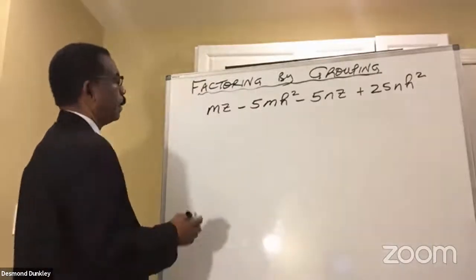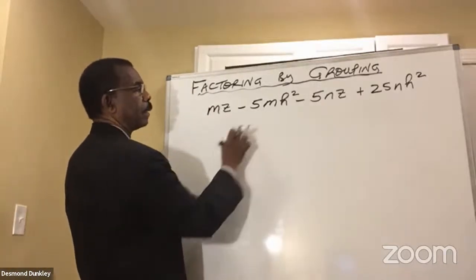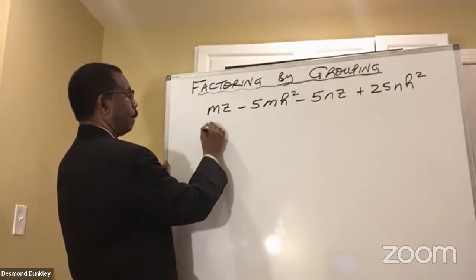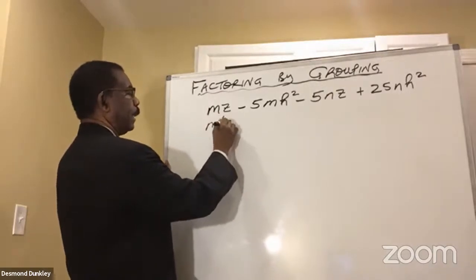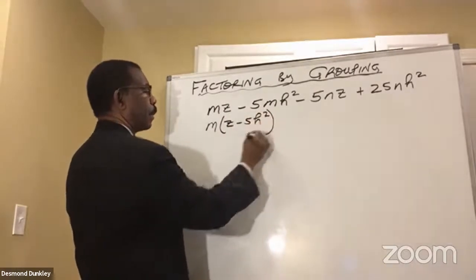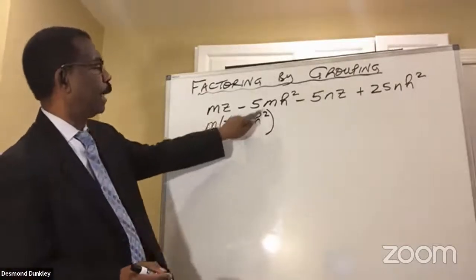Let's see. So if I factor out m, let's see what happens if I factor out m. I end up with m times z minus 5h squared. M factored out z minus 5h squared.